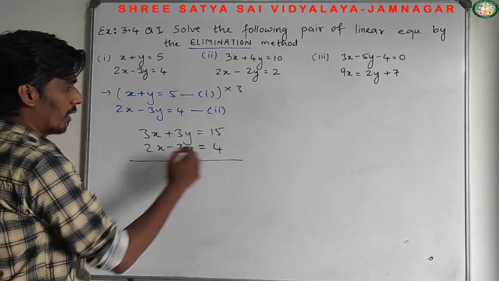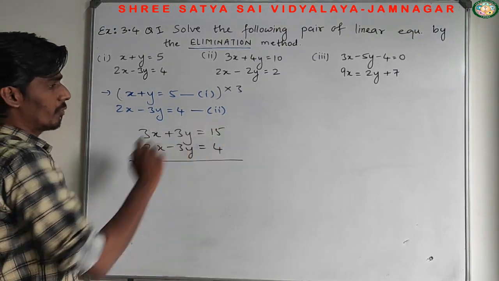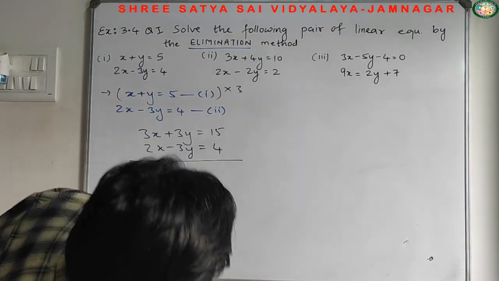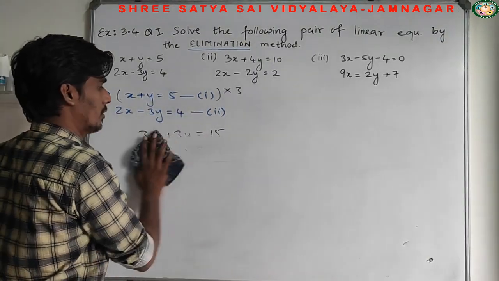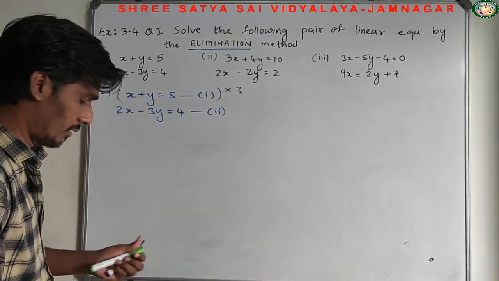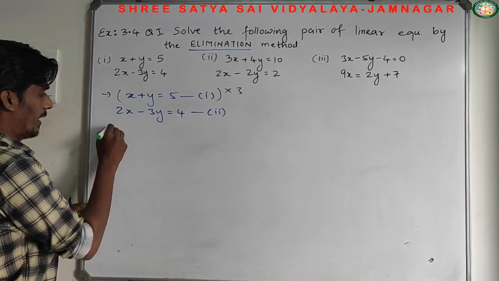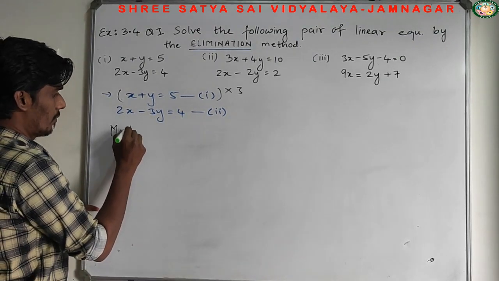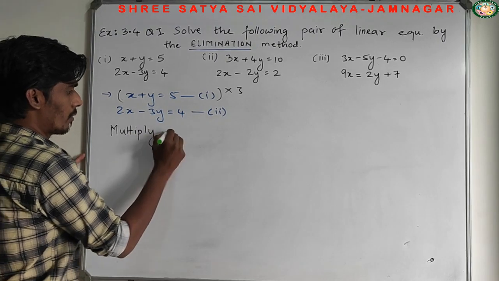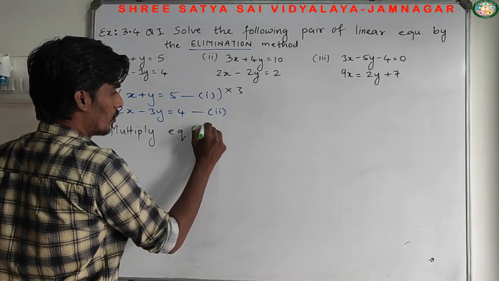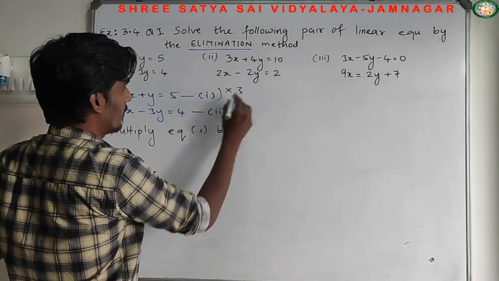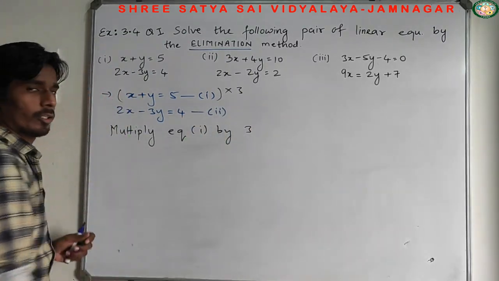So add equation 1 and 2. For this we have to write down a statement: multiply equation 1 by 3. This statement you have to write.